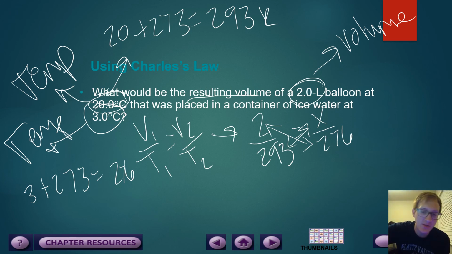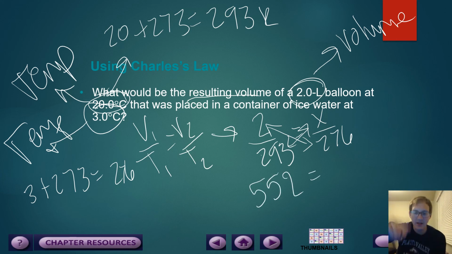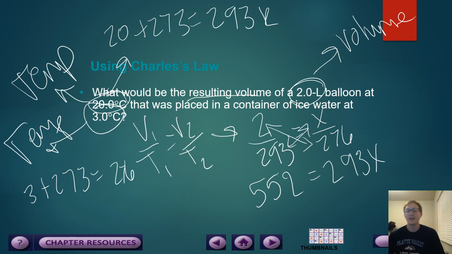When I do that, 276 times 2, just off the top of my head, let's see, 2 times 200 is 400, 2 times 70 is 140, and this is going to be 552. If you need a calculator, use your calculator for that. And then I have 293 times x, which is just 293x.